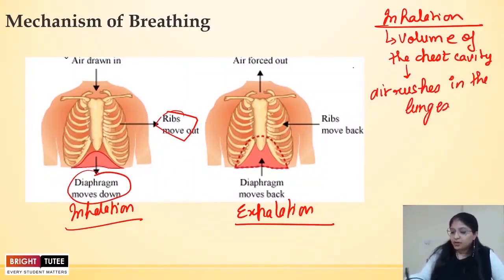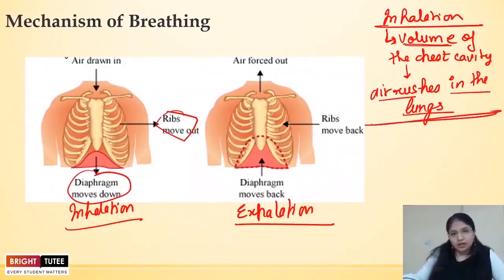So what is happening over here? Because of the increase in the volume of the chest cavity, that means the space in the chest cavity is increasing, and this causes the air to rush into the lungs. This is the process of inhalation.